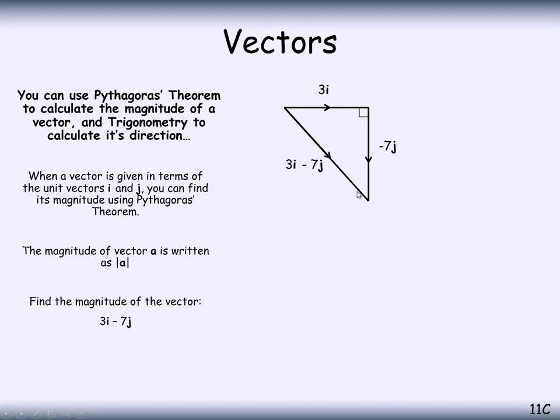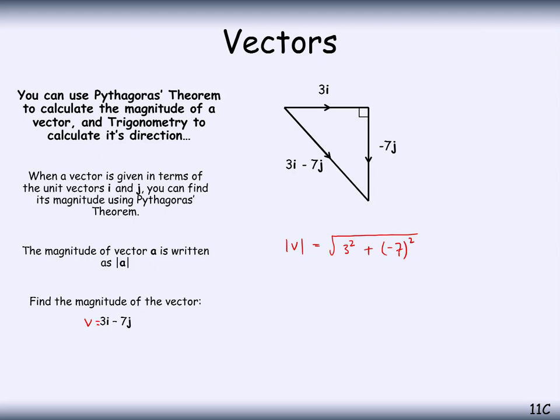So this vector here is given by the modulus of our vector. So if we call this vector v, we can say the modulus of our vector v is equal to the square root of 3 in the x direction, so 3 squared, plus minus 7 squared.